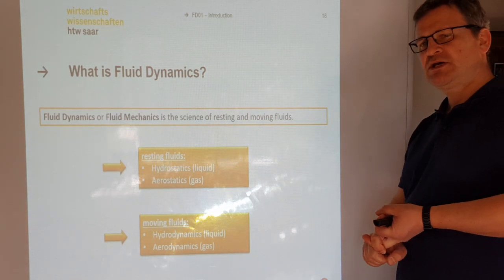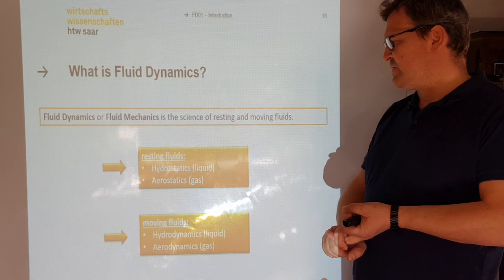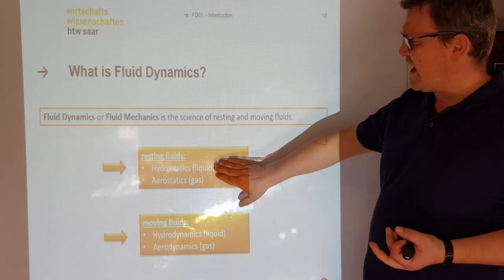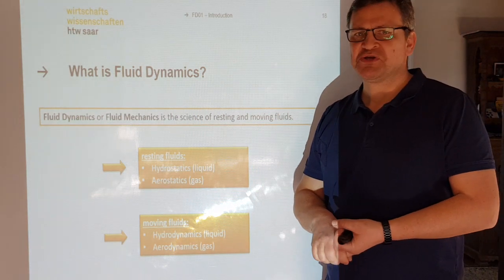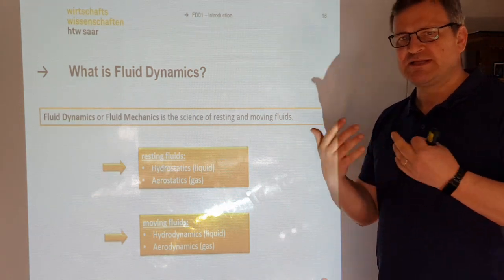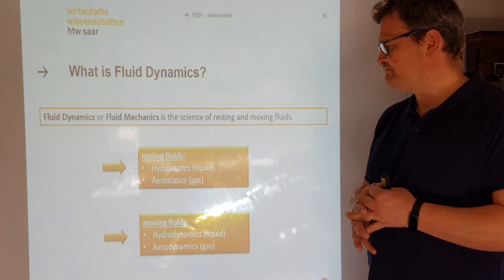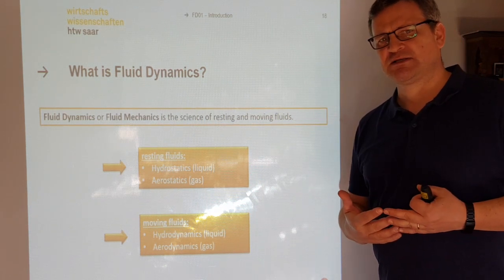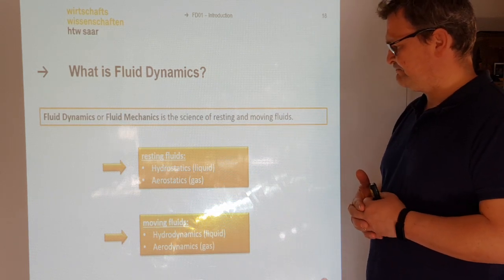Resting fluids, for example, if you have a liquid fluid, it is the science of hydrostatics. You need this if you want to build a dam or a bridge. Or resting fluids can be aerostatics, like gases.